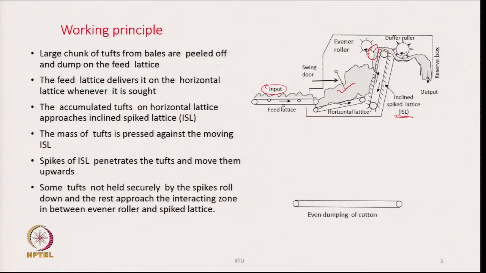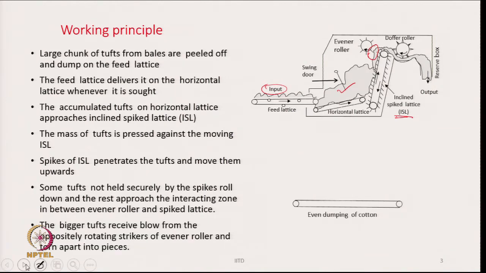So, some tufts which are not held securely by the spikes may roll down as they are lifted, and some of them will reach the interacting zone and will receive a blow from the spikes of the Evener roller. As a result of this blow, the tuft will be sheared into pieces, and one part which is not attached to the spikes will fall back into the bin.